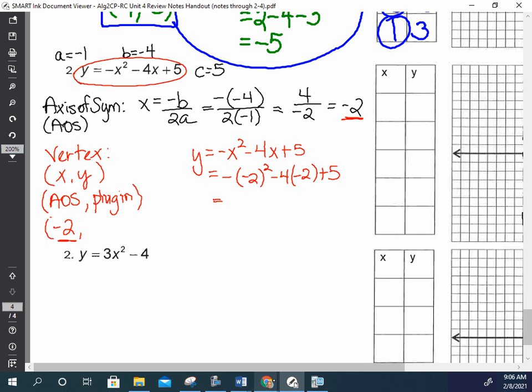So then we solve it out. Remember, order of operations applies. So -2 squared gives you a +4. Minus 4 times -2 plus 5. That minus sign does not get connected to the -2 because the -2 has an exponent on it. Remember, exponents come before multiplication in the order of operations.